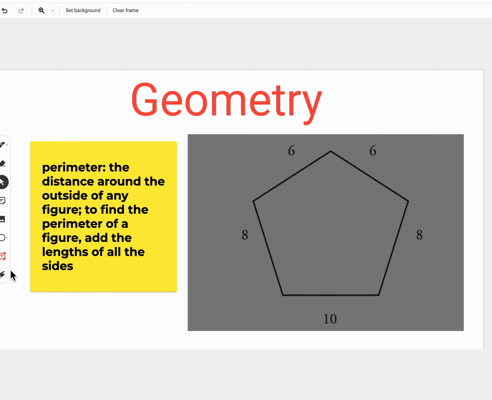What is the perimeter of our pentagon here? Here we can add 6, 6, 8, 8, and 10 to get 38.